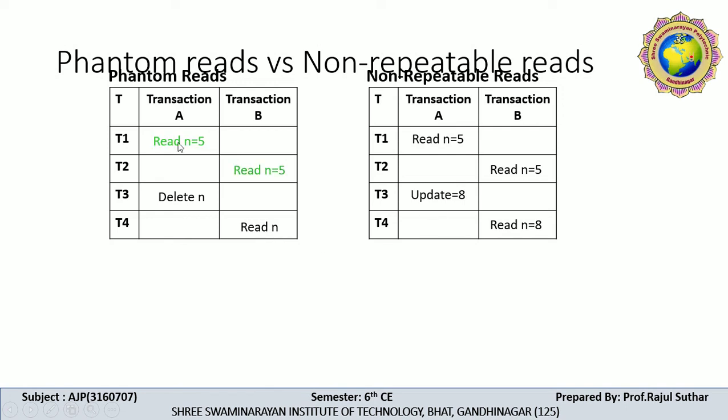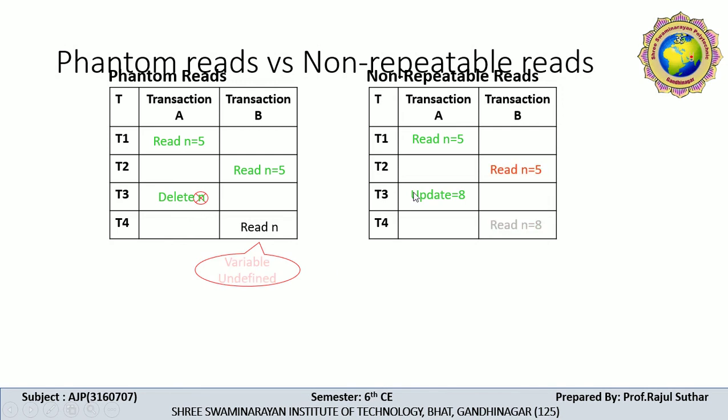This green indicates the transaction performed properly. But while deleting the n, the variable is undefined, so read n is undefined. This type of error will be displayed in phantom reads because n is deleted, so we cannot read the value.